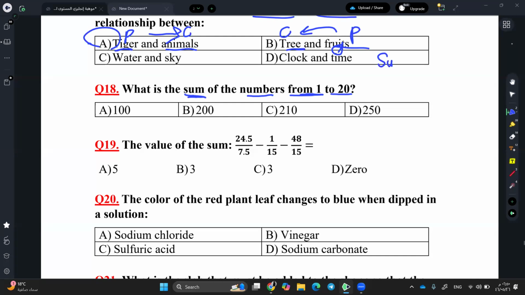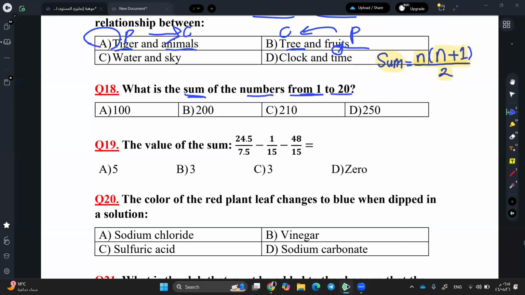The sum, please write it with me. The sum is the unknown number n, bracket here, n plus 1, over 2. Write this equation. The sum, n number, between a bracket we have n plus 1 over 2.